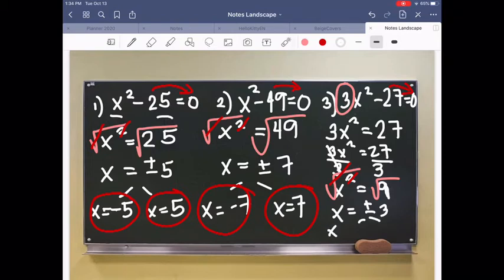So we have x equals negative 3 and then x equals 3. Okay, so that is how we solve using extracting the square root. Okay, so we have still 3 more.